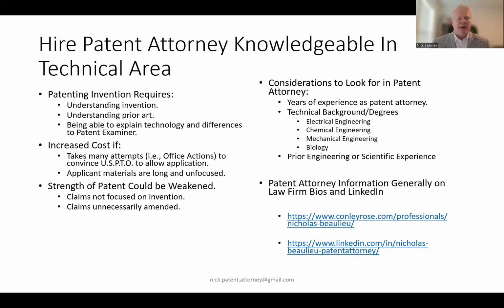So if it's a patent attorney who's not very familiar with electronic devices, or chemical processes, it could take them longer to understand the prior art, and they might not actually identify the key point of novelty. And there'll be more back and forth with the patent office, and that's more time in.